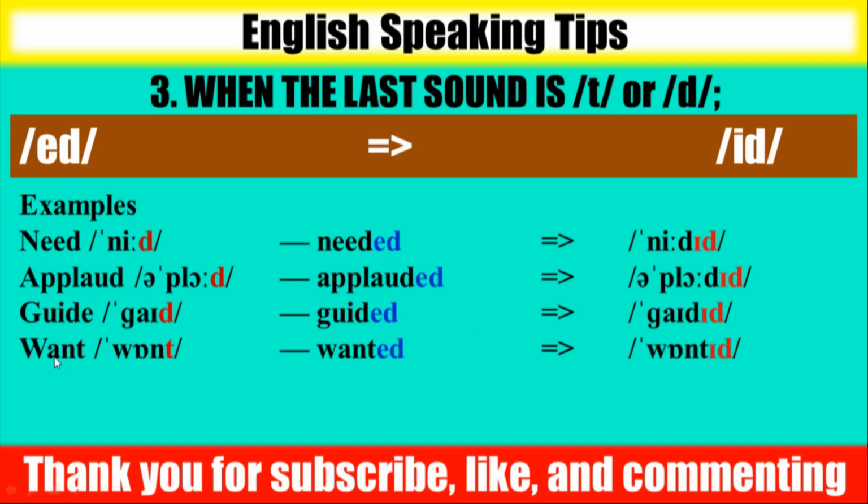Want. The last sound is t. Then the past form is wanted. -ed becomes id because the last sound is t. Okay, as the rule, when the last sound is t or d, then -ed sounds id.